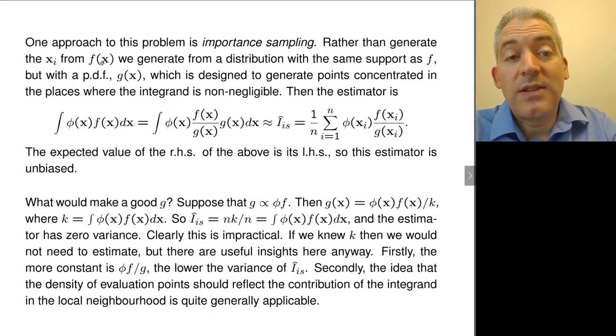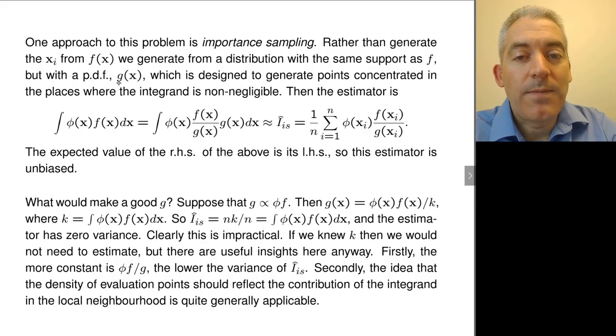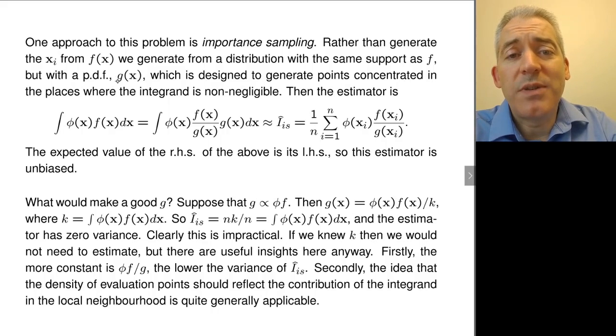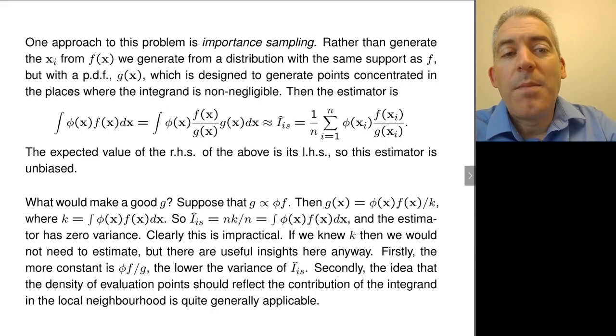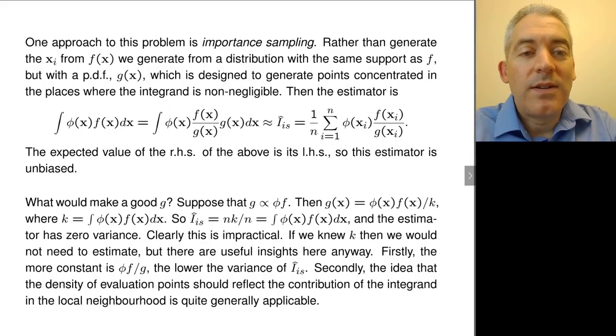So the other thing is that if you can't sample from F, you can't use that approach that I just described. But let's assume that G we can sample from and has the same support as F. And the idea is going to be that we could choose G potentially to have points concentrated where the integrand is concentrated.